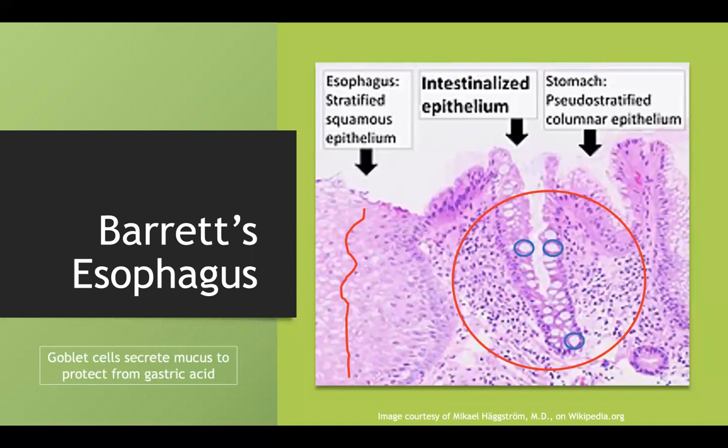Basically, our lower esophagus is getting damaged repeatedly by this gastric acid, and the stratified squamous epithelium at some point just says, I can't do this, I need help. And the simple columnar epithelium says, hey, I got you, and they switch. The simple columnar epithelium starts to be produced in your lower esophagus to protect from that acid using these goblet cells.